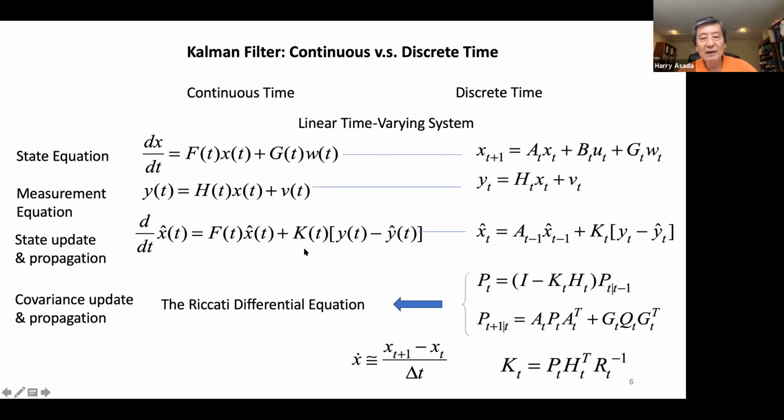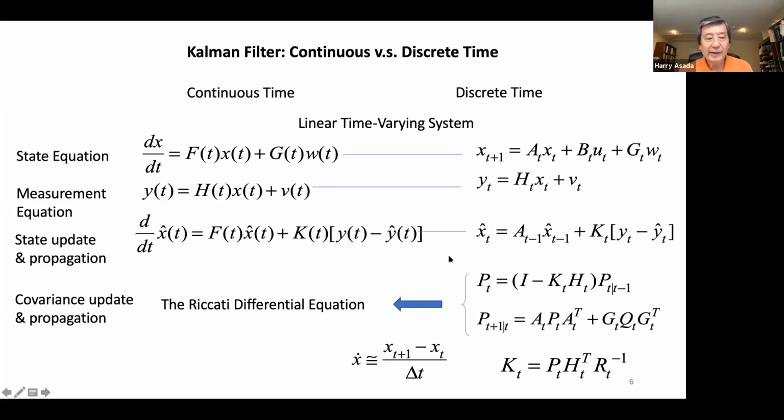And then we have this error state correction term, which is the same as this, the difference between the actual measurement and the predicted one, multiplied by some gain K_t, that is added to this, the same form.